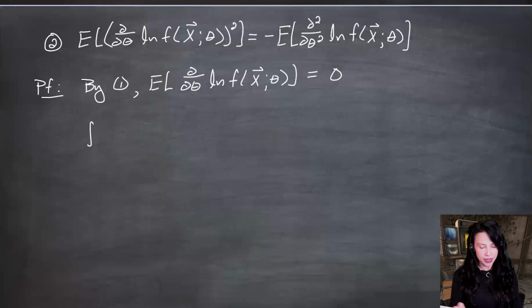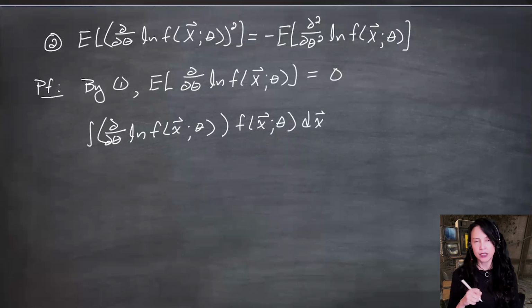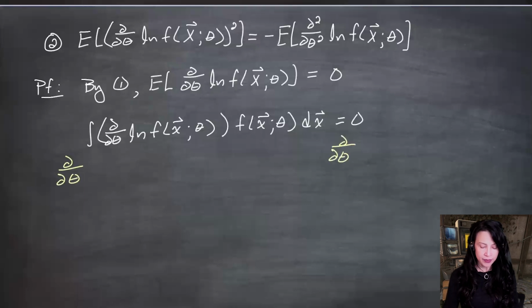This is the integral from minus infinity to infinity of the derivative with respect to theta of the log of f of the vector x and theta times f of x and theta, because it's an expectation, so we want to integrate against the joint PDF for all of the x's in there, and the right-hand side is still 0. So now I want to take the derivative on both sides with respect to theta, and I'm going to pull the derivative inside the integral.